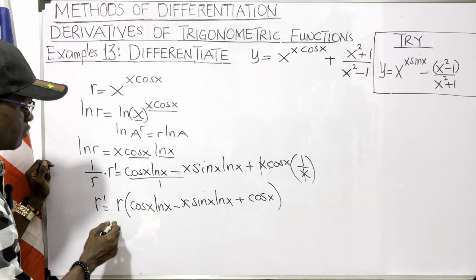What do you observe? This x squared cancels this x squared. So p prime gives us minus 1 and minus 1 is minus 2, times 2x is minus 4x, all over x squared minus 1, all squared.